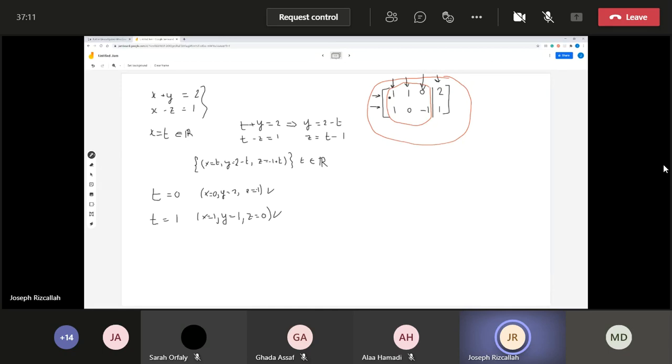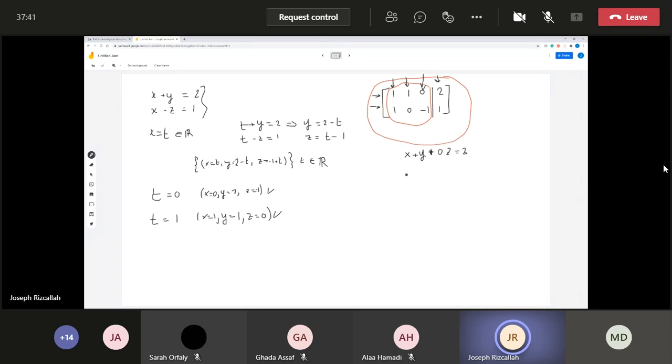So now, what does the first row tell me? It tells me that there is an x on the left-hand side. There is also a y, right? There is no z. And the right-hand side, which is the number that comes after the line, is 2. So I write x plus y plus 0z, because this is the coefficient of z, which is 0, equals 2. This is the first equation.